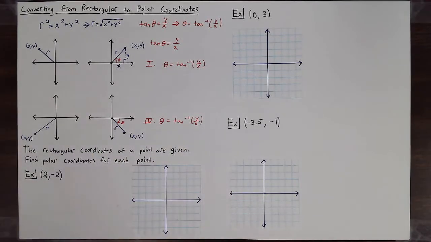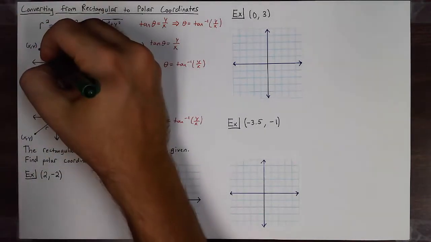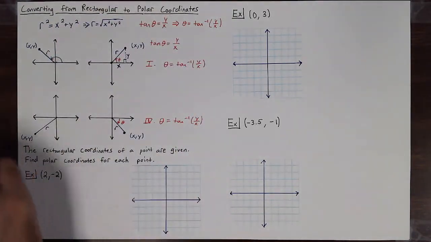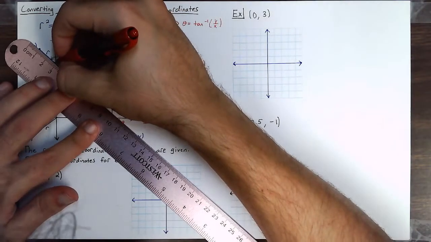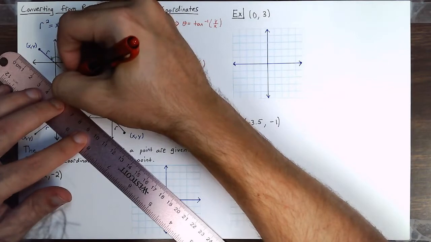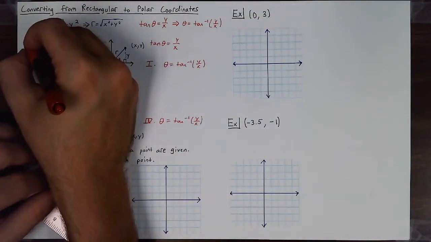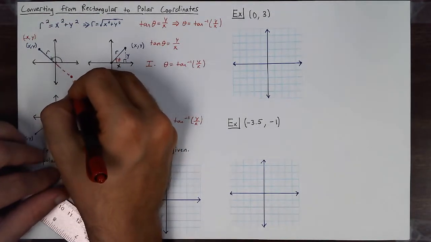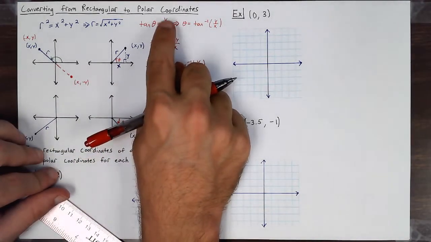In order to find this angle from here to here, I am going to think of a point out in this direction, where over here you would have a negative x and a positive y. In the bottom right corner you would have a positive x and a negative y, which would mean that the tangent value is still the same.